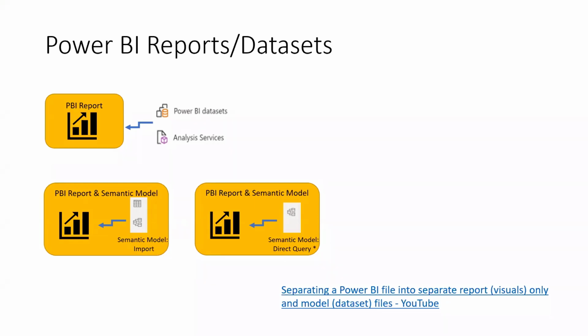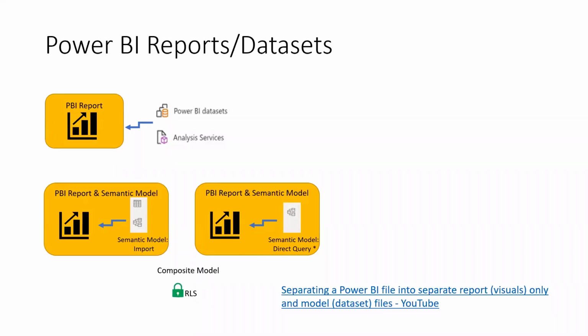So for example, it forms a SQL query. So depending on which one of these you have, when a user gets to it, they're going to have a different experience. So for example, the one that has imported all the data, if you email it to somebody, they can open it, they can see the data. But if you email the one that's in direct query, they must have access to the backend SQL Server.